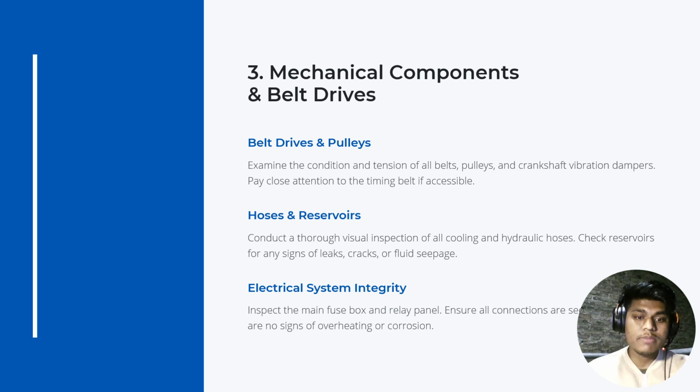I have also performed a visual walkthrough of all cooling and hydraulic hoses, checking them for any signs of cracks, leaks, or fluid seepage that could lead to system failure. Finally, I have inspected the main fuse box and relay panel to ensure all electrical connections are secure and free from corrosion.